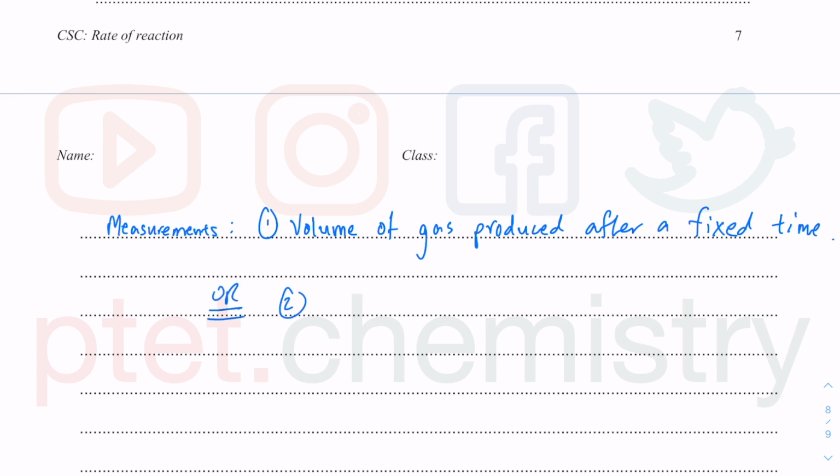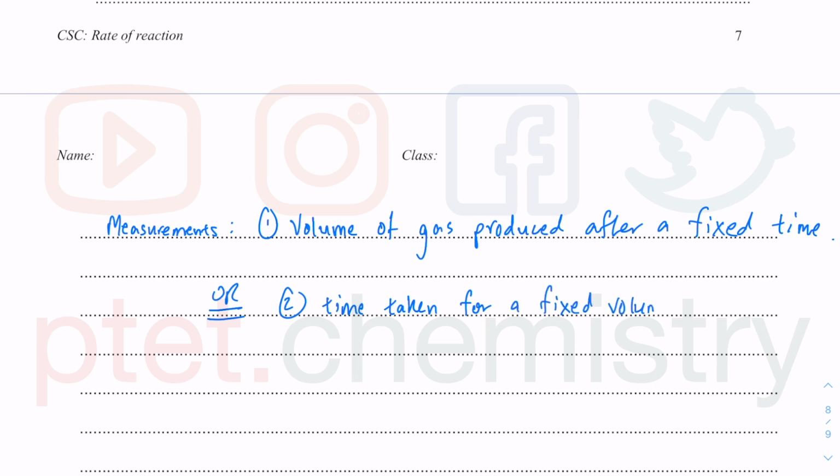No, we are measuring volume. Volume of gas produced after a fixed time. But you could also imagine this experiment where you can say, not both, not and, but or, time taken for a fixed volume of gas to be produced.